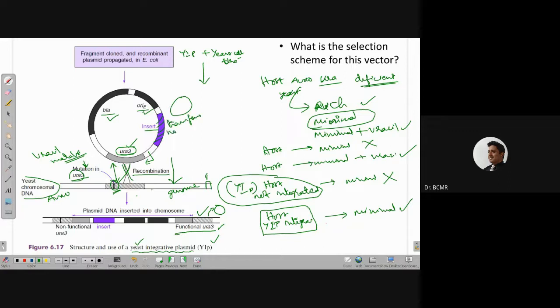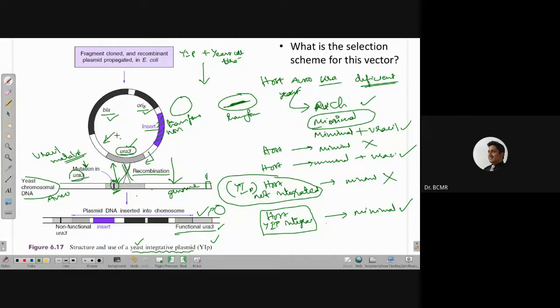Non-transformants, and we'll also get transformants. And in the transformants, it might get integrated, right? If it is not integrated, because there is no origin of replication to replicate in the yeast, it will not replicate any further. I described to you how important an origin of replication is.